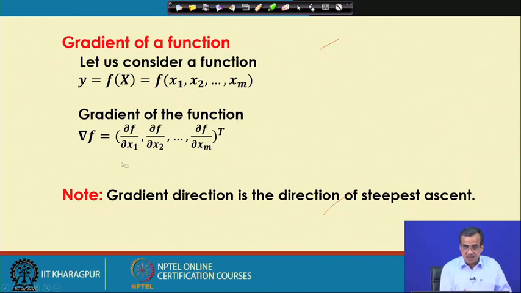So, this is the gradient of this function, and the gradient direction is the direction of steepest ascent. So, we will have to move in a direction opposite to the gradient, and as its name indicates, this is a steepest descent method, and in principle it can solve the minimization problem.